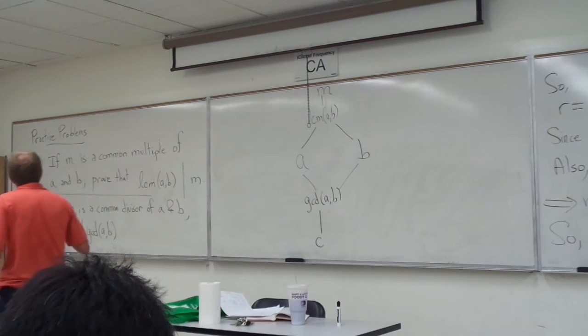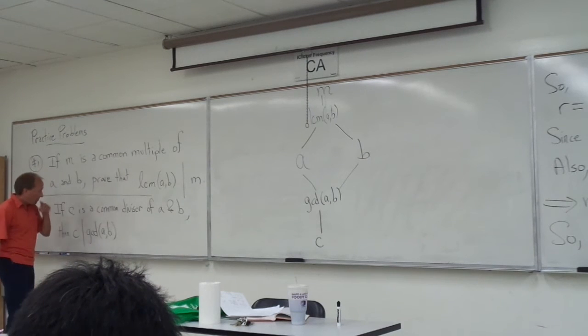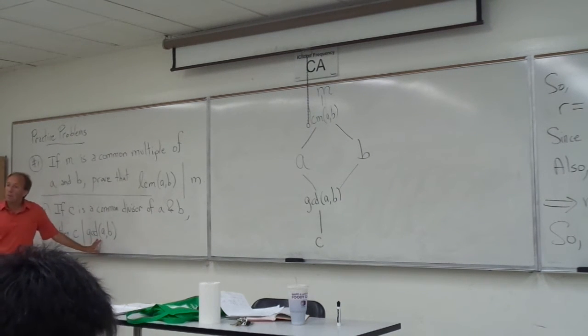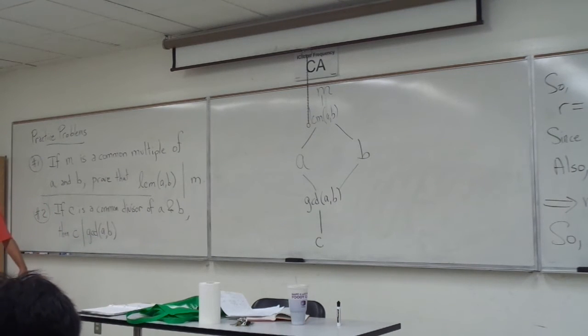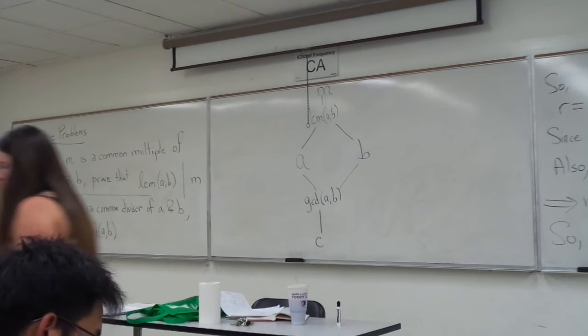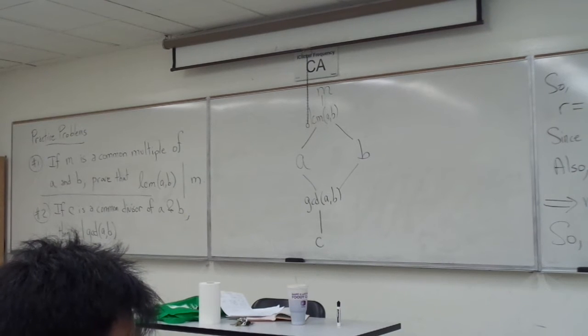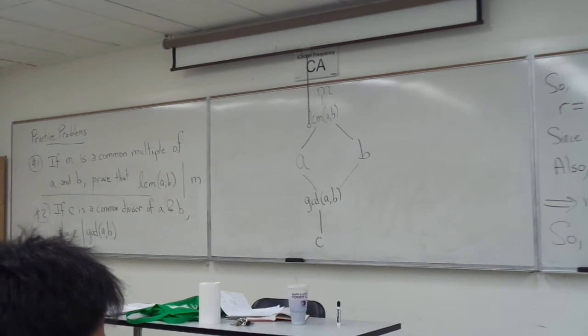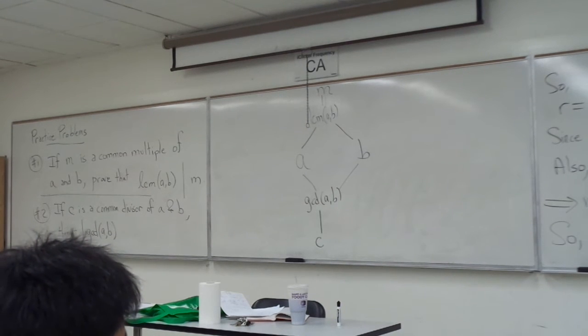So the definition is that in order for something to be the greatest common divisor of A and B, it has to be a common divisor, and any other divisor has to be smaller than or equal to it. We could write that all out, but it's in your notes. So let's definitely go back and make sure you know that.